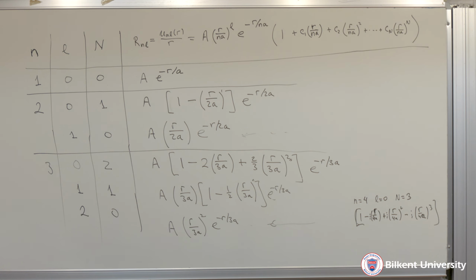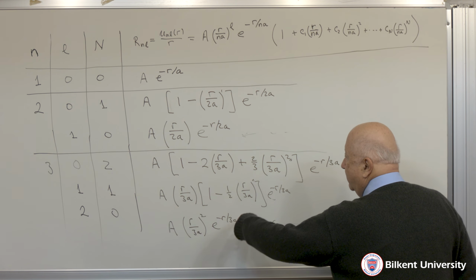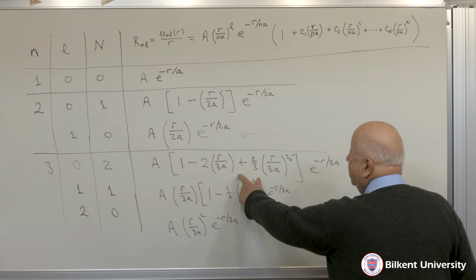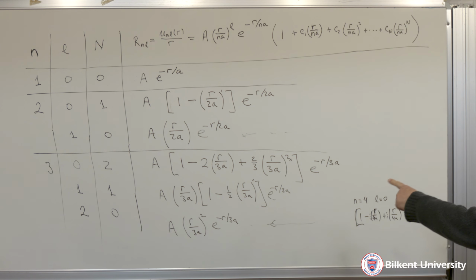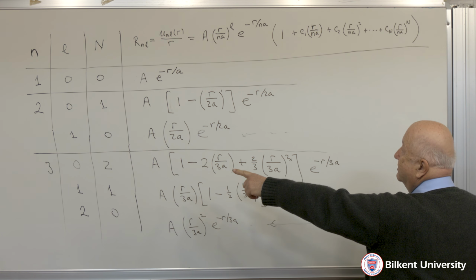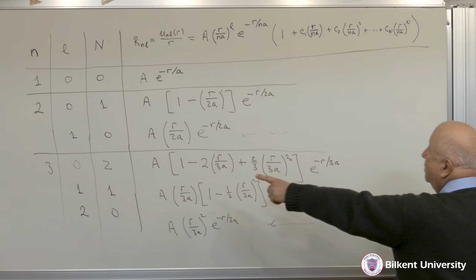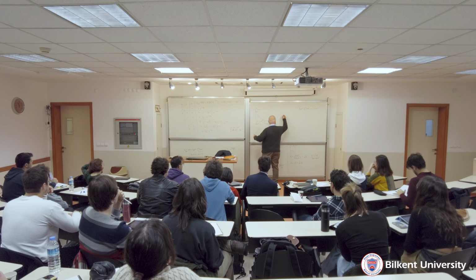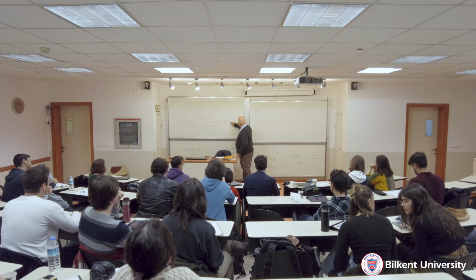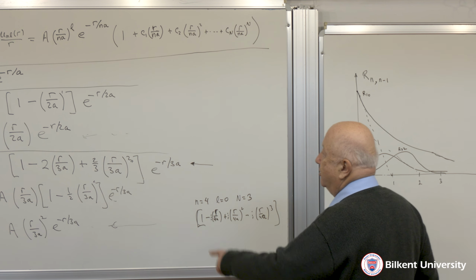Okay, so let's see how I would calculate it. Let's take a nice long one. How would we calculate this object? So l is 0, I'm looking at this line, right?